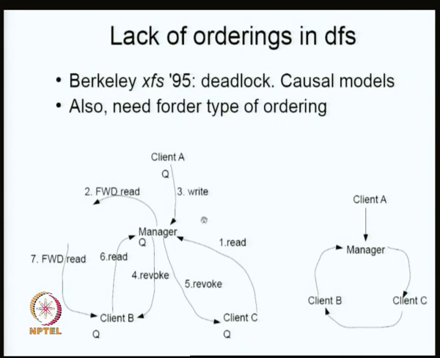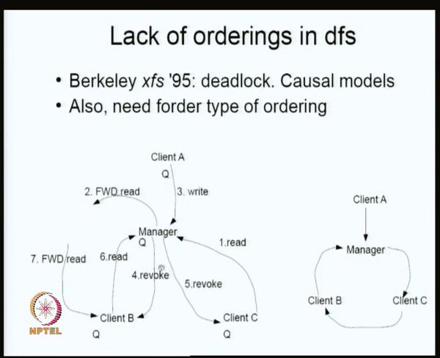Because of this you can see that you need some kind of causal models. For example, if you notice that client C is asking for a read and A is also requesting on the same file, then if you already issued the forward read, you can see the connection between the forward read and this write, and you can ensure that 3 is delayed and waits for this to be completed.